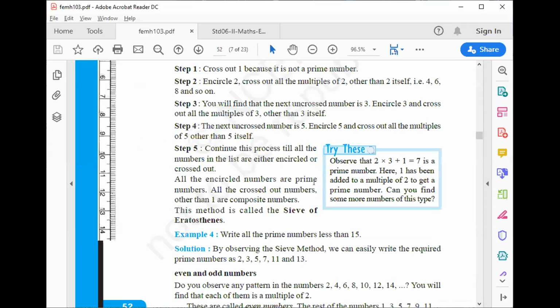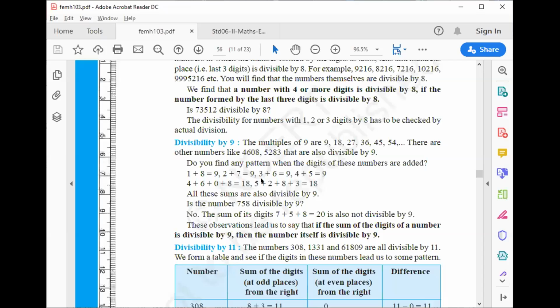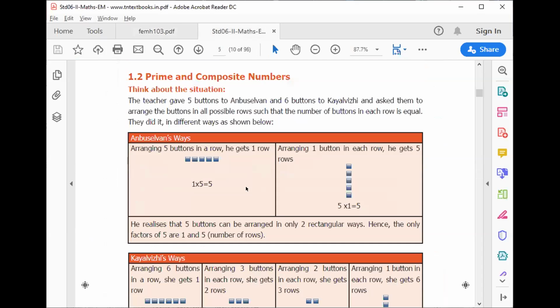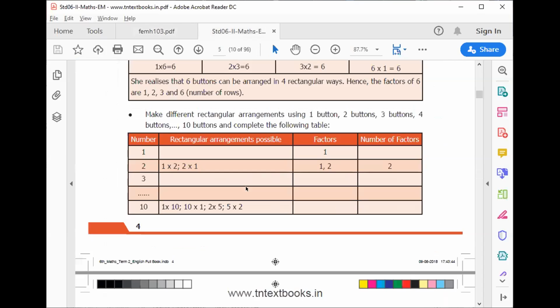Then it gets into divisibility. So these arrays come in. The sieve.